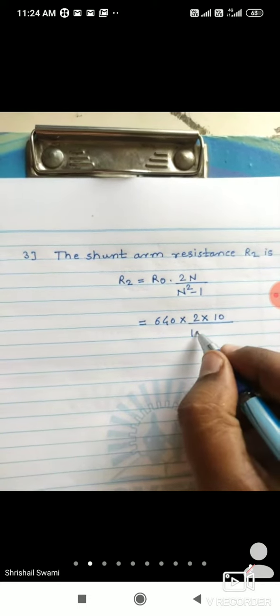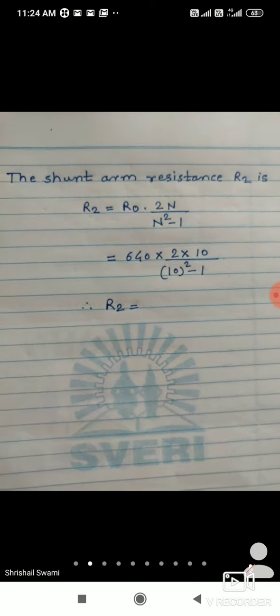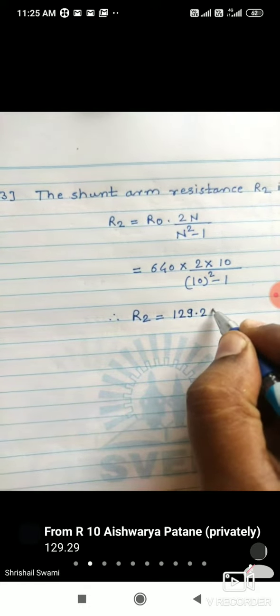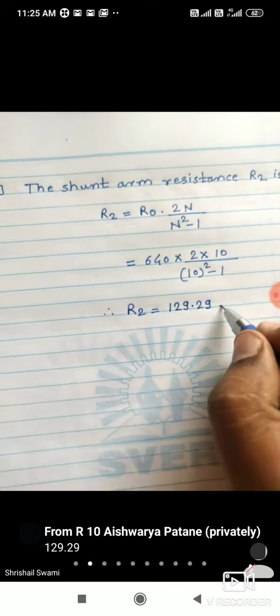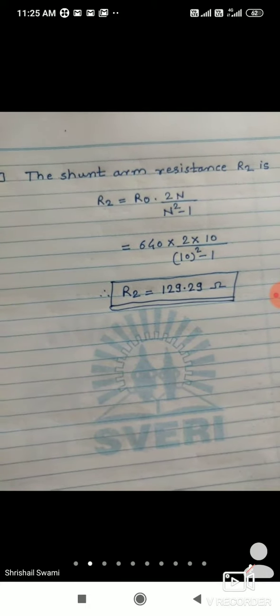So R0 640 into 2 into 10 divided by 10 square minus 1. Calculate and tell what is the answer of R2. 129.29. Okay, cross check everyone. So R2 is equal to 129.29 ohm.